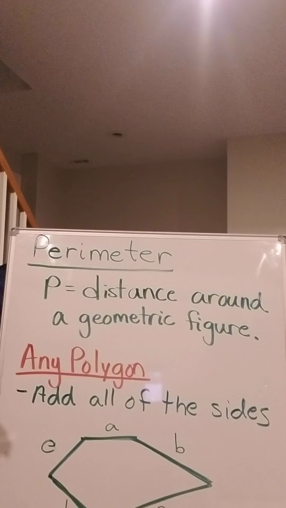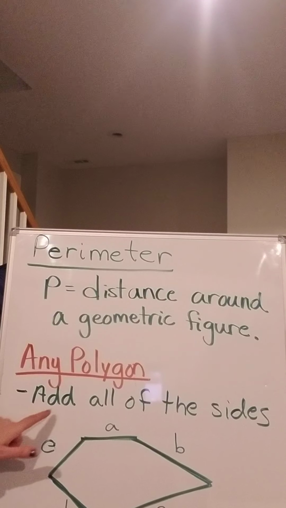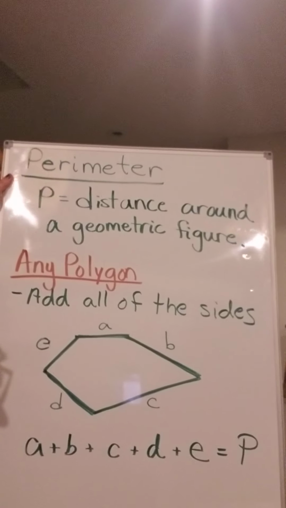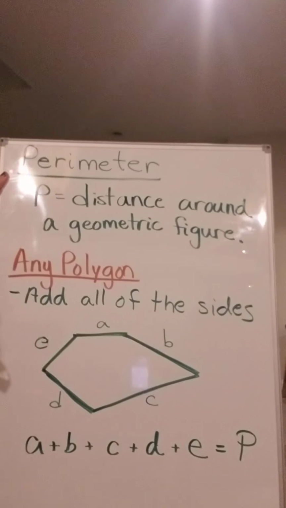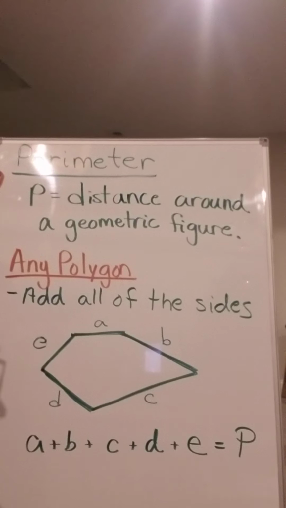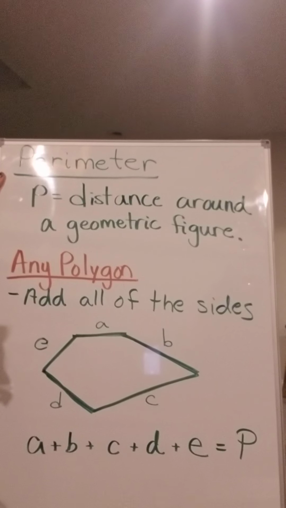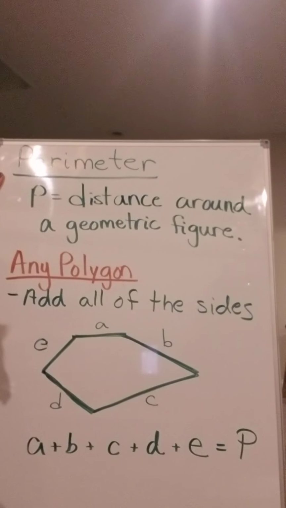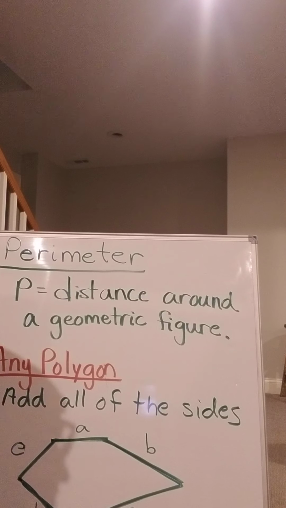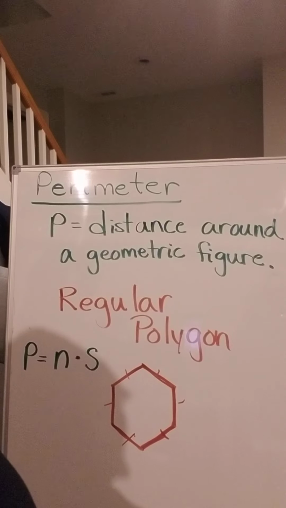To find the perimeter of any polygon, all you have to do is add all of the sides together. In this case, I have a polygon here. It has sides A, B, C, D, and E. To find the perimeter, all you would have to do is add all of those sides up to get the total perimeter, which would be represented by that letter P.